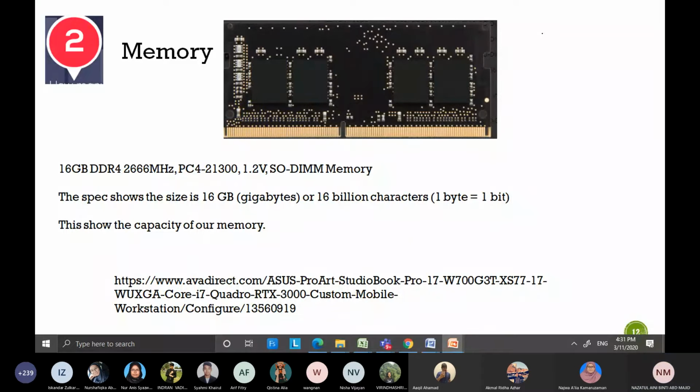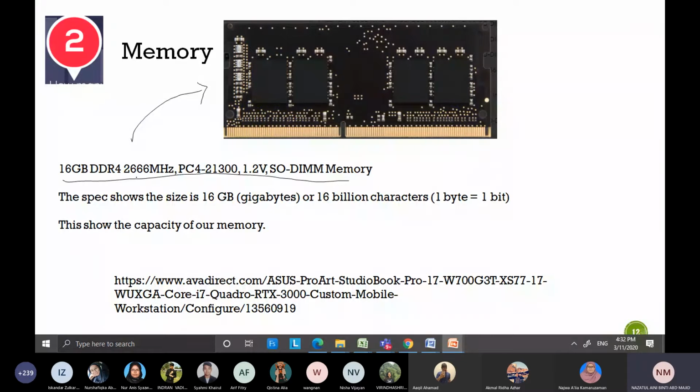But we also need to look at how big the size of work or program that can be loaded to our main memory. Now we look at the second key performance factor, which is main memory. This is a picture of memory. This is the main memory for this spec.